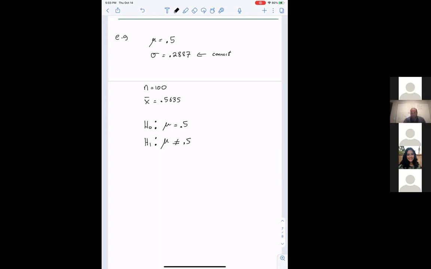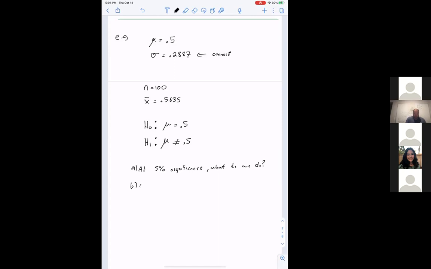So the question is, at 5% significance, what do we do? So part A, at 5% significance. In other words, if the cutoff is 5%, what do we do?